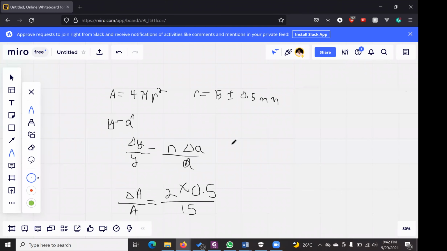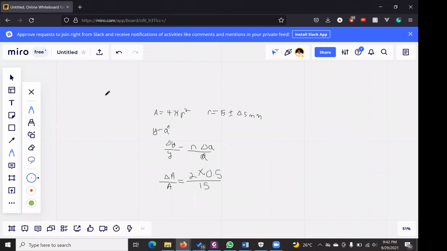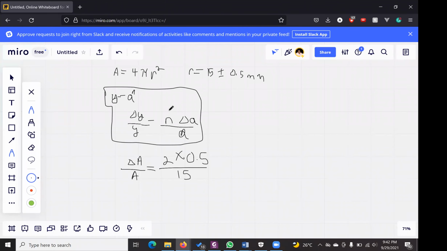So that's how you find it when you're dealing with powers. If you have any value equal to something to the power, the error that you're going to have is the power times the error divided by the actual value.